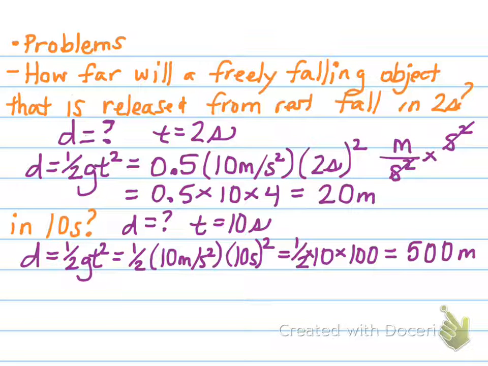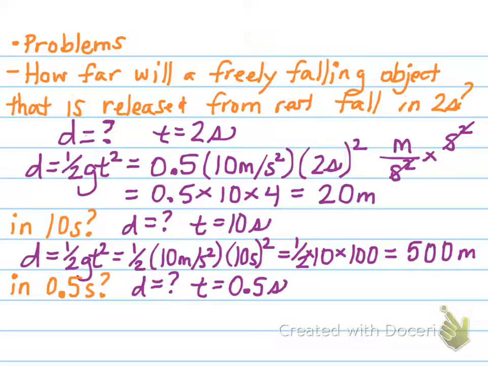And the last one we want to do is the same question, but now we want to say the object is going to fall for just half a second. Again, you might need a calculator for this one. Okay. So again, we want to know how far, our distance. Our time this time is 0.5 seconds.